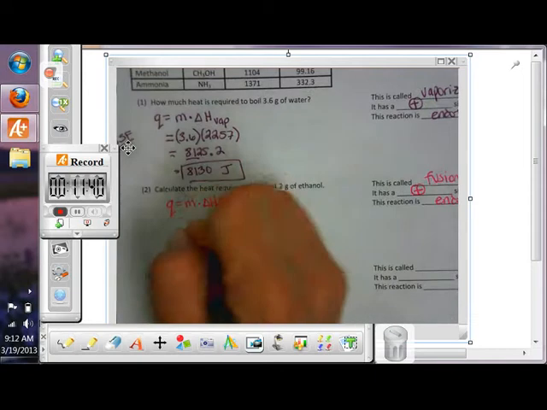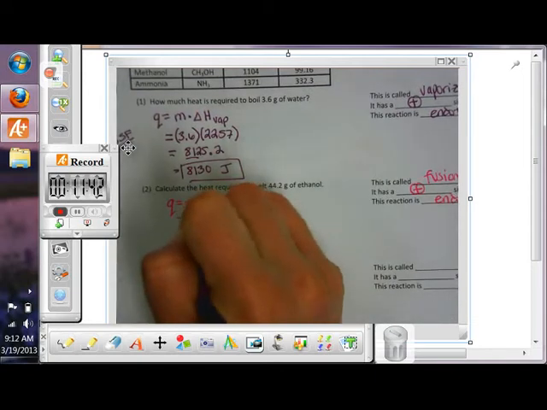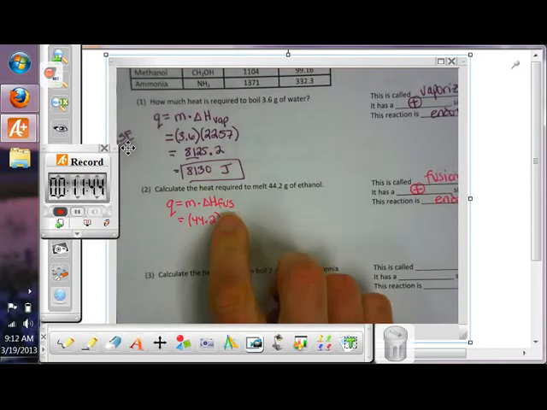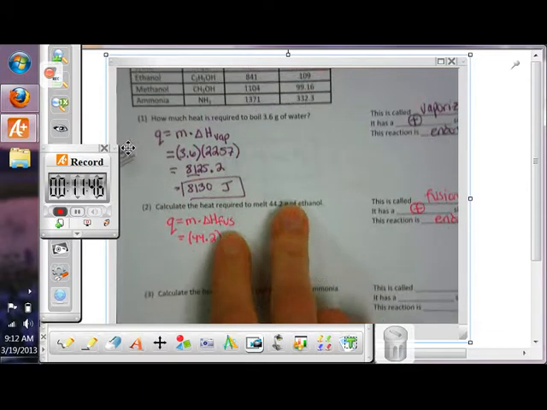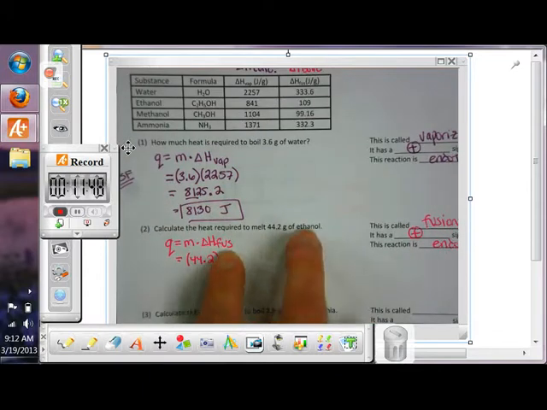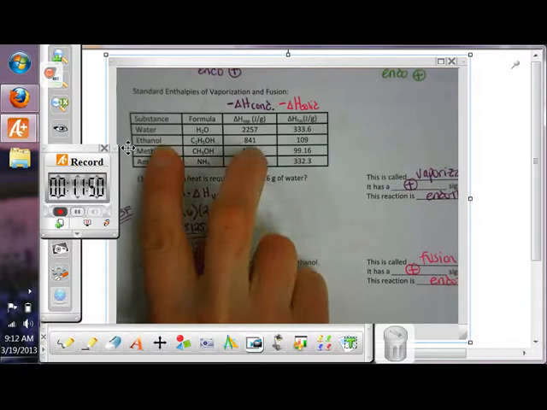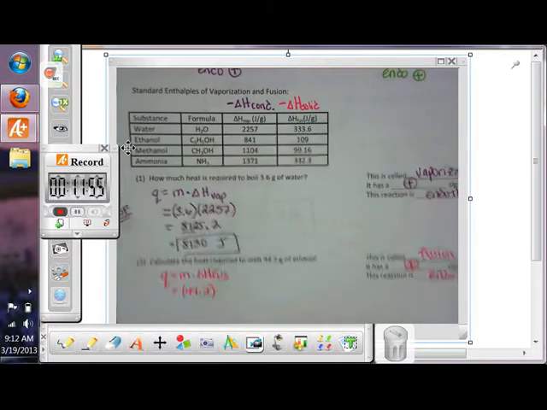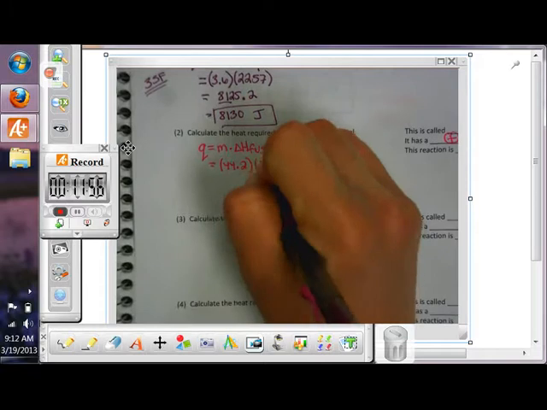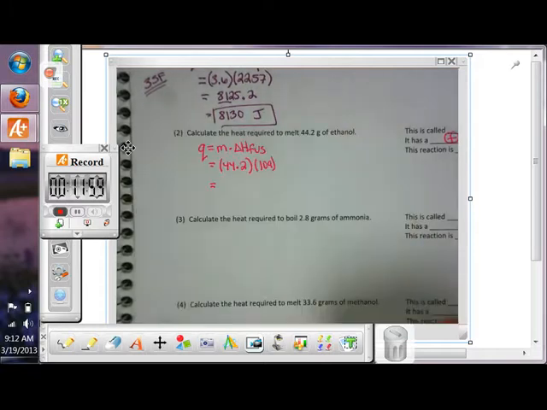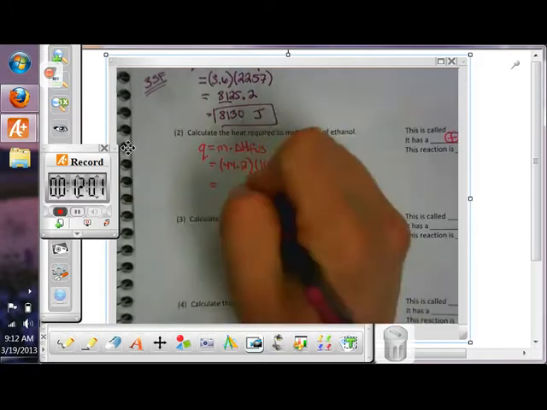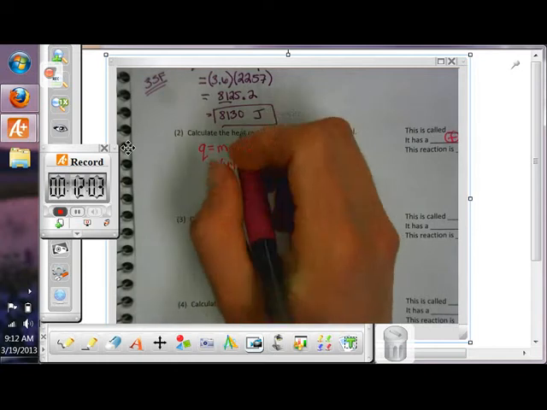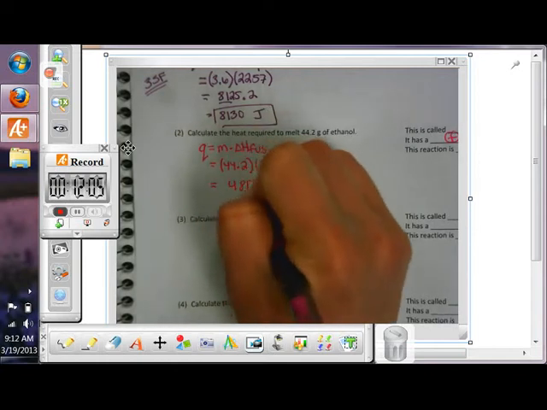So let's go ahead and plug things in. My mass is 44.2, and my delta H of fusion for ethanol is 109. So my calculator spits out 4817.8.